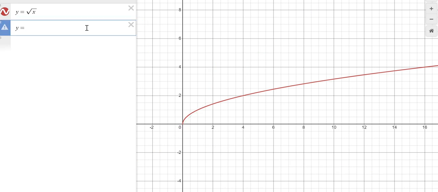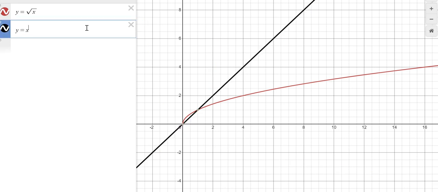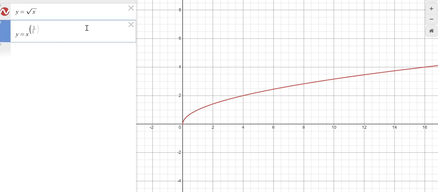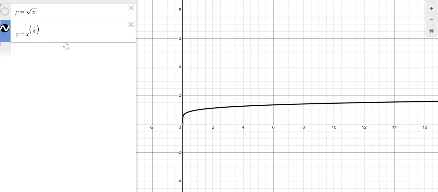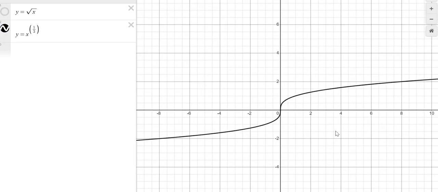Let's take a look at some more powers of x, specifically some fractional exponents. Let's look at the 1/2 power. Here you can see, because it covers up the red line completely, that the 1/2 power is just the square root. Now, let's consider the 1/4 power, or the 1/6. Notice that they have a similar look to the 1/2 power. But what about the third root? Oh, well, that's a little different, isn't it?